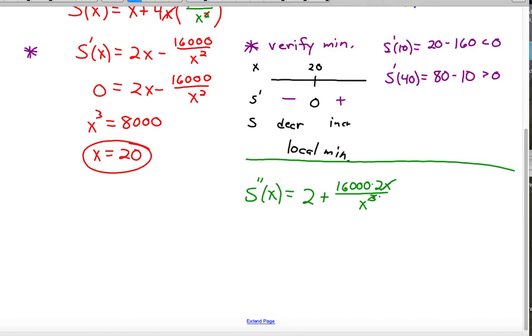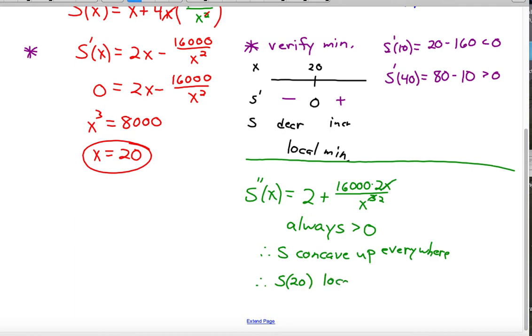So that cancels, that becomes an x squared. And so you can see that no matter what you plug in for x, that's always going to be greater than 0. And so therefore, s is concave up everywhere. And if the derivative at 20 is 0, we know that s of 20 is a local minimum.